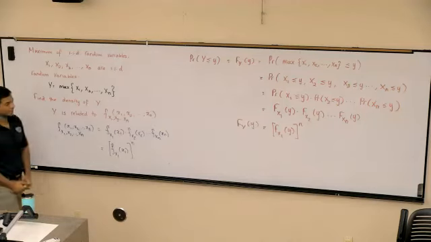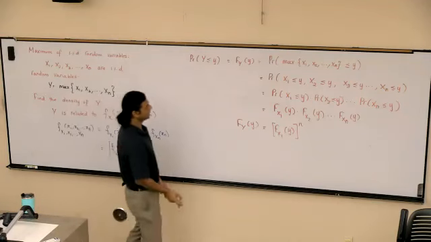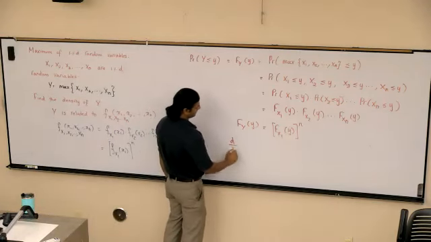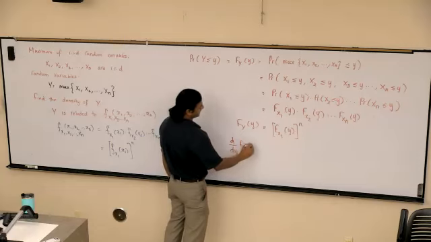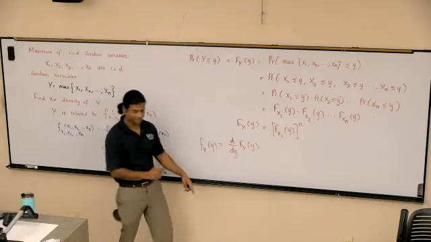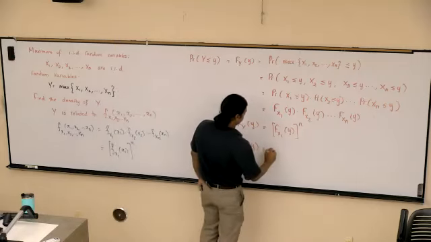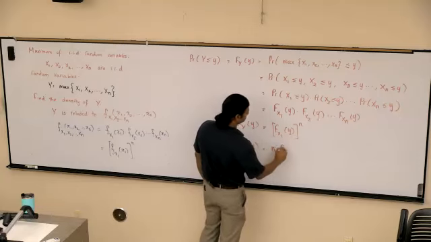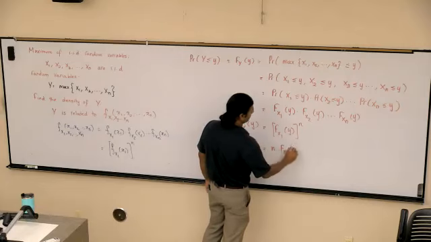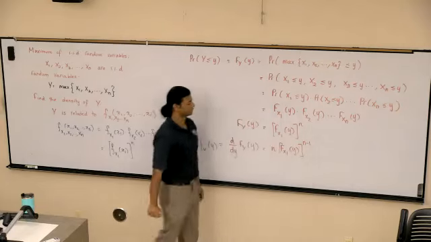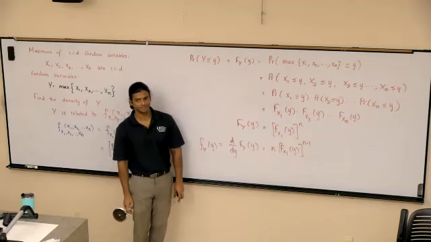You get the PDF by taking the derivative. The derivative is n times the CDF raised to n minus 1. Am I done yet?